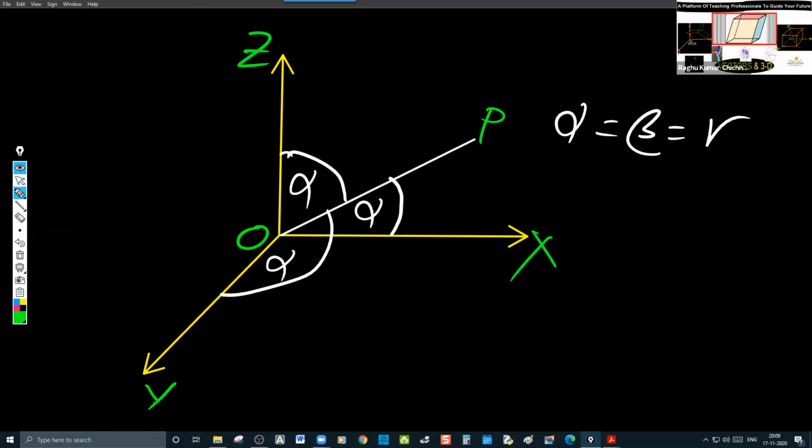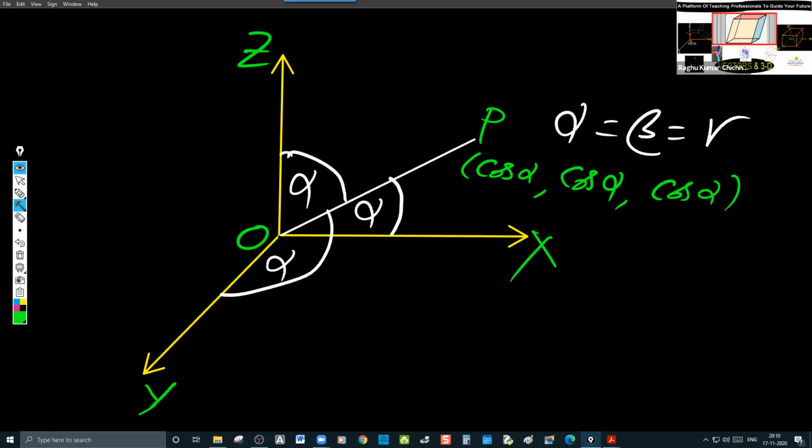That equal angle I have taken to be alpha. Then what are the DCs of P? Cos alpha, cos alpha, cos alpha. His question is how many such lines will be there in the 3D space.